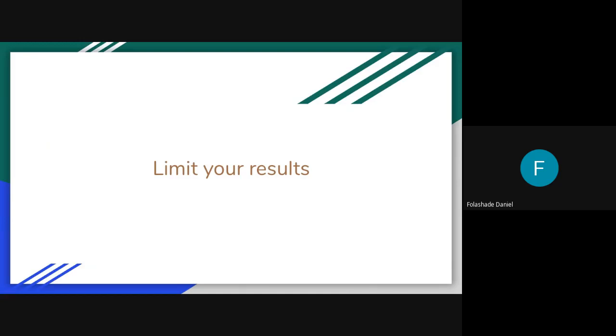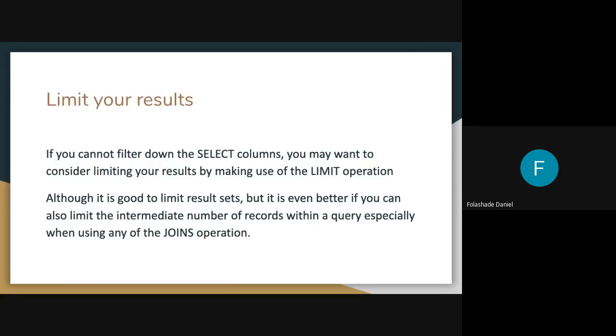Then the second point is limit your results. If you cannot filter down the number of columns you are getting from a DB, you may want to limit the number of results that you have. It is good to limit the result set, but limiting the intermediate number of records within a query is also good.